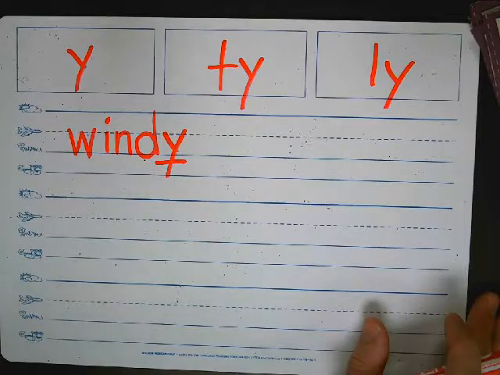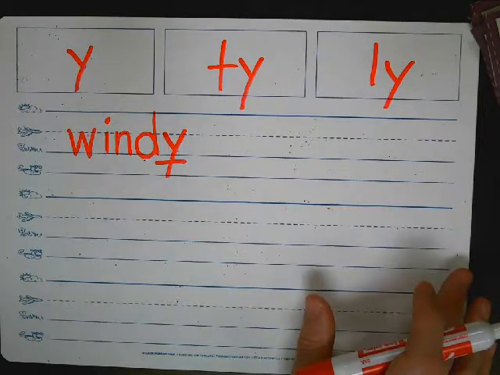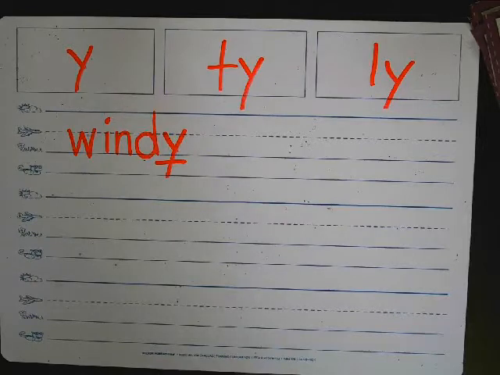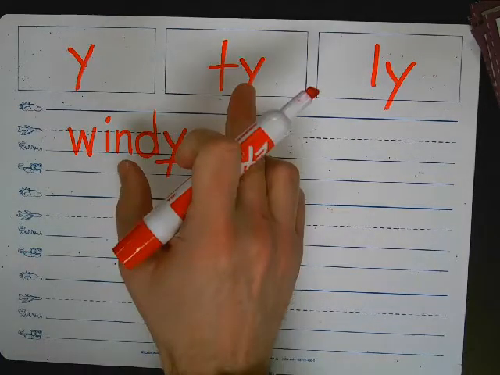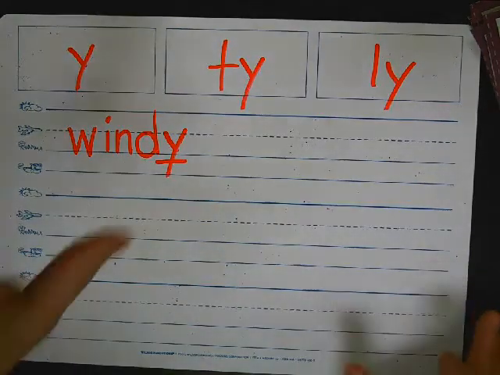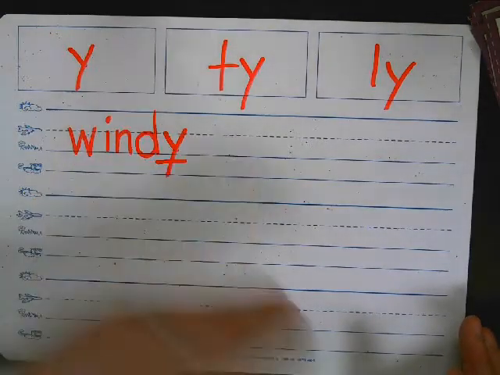Next example is a suffix you can add at the end of a word: ty. What sound does ty make at the end of a word? T. So right here we're going to write a word and add suffix ty to the end. We're going to write the word six. Let's tap it out. Get your fingers out. Ready? Here we go. Six. Go ahead and spell that.